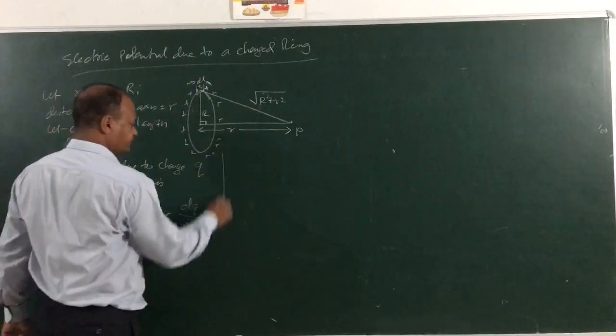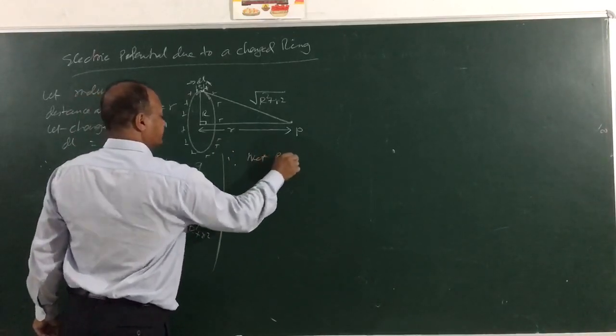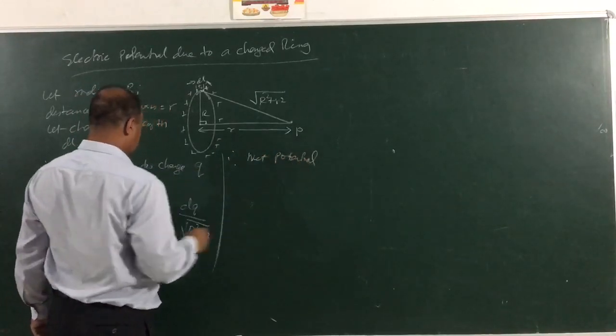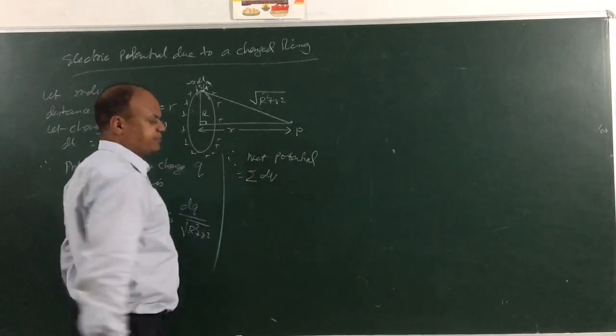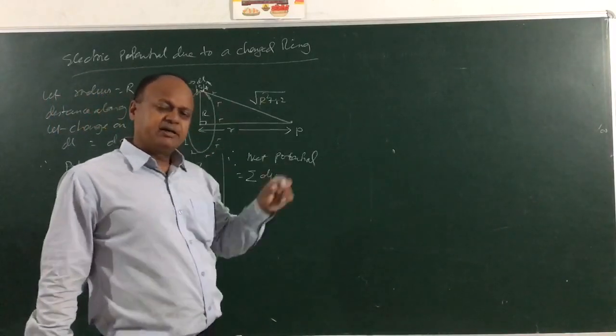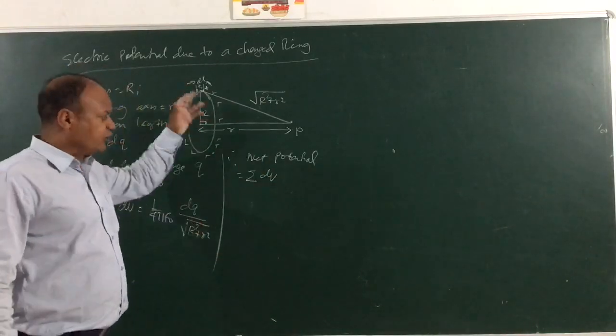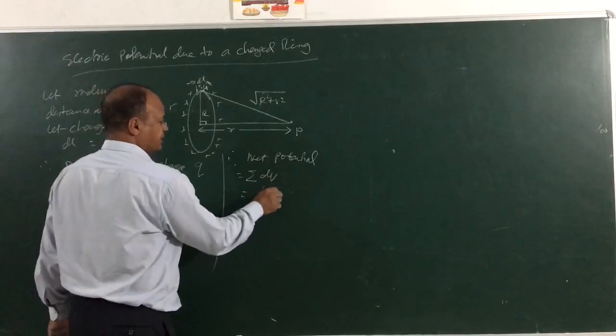Now, therefore, the net potential will be equal to the sum of dV, meaning the sum of potentials due to the smaller elements. If I add, it will generate the whole ring. So I can say summing up is integrating.